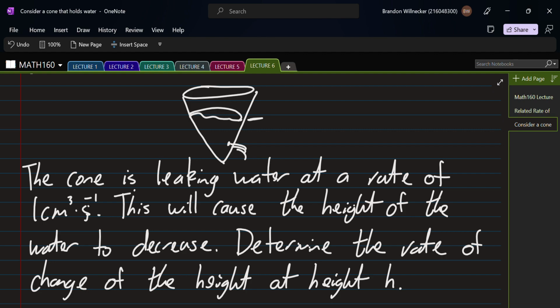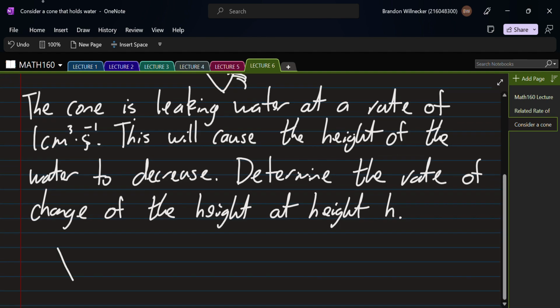So let's say when it's halfway, there's some certain rate of change of the height. As the water goes out, does the height decrease quicker? Does it decrease more slowly? We want to determine that. So how does this height change in time? Let's start out with the volume of this.